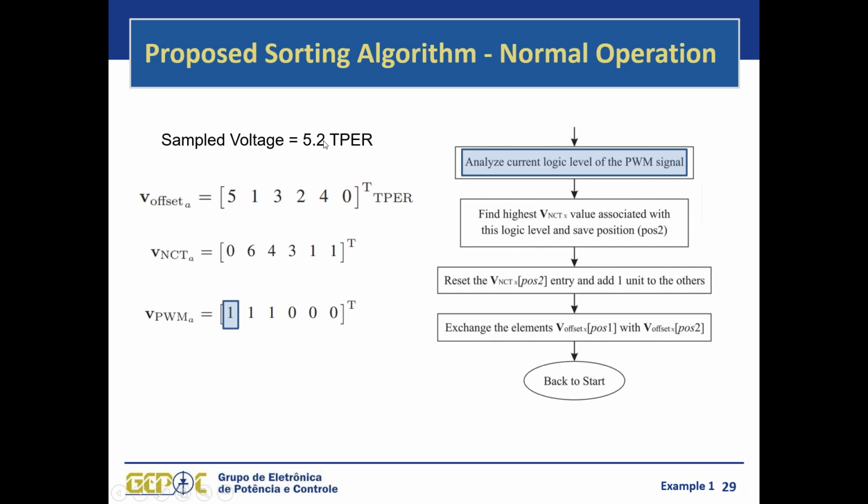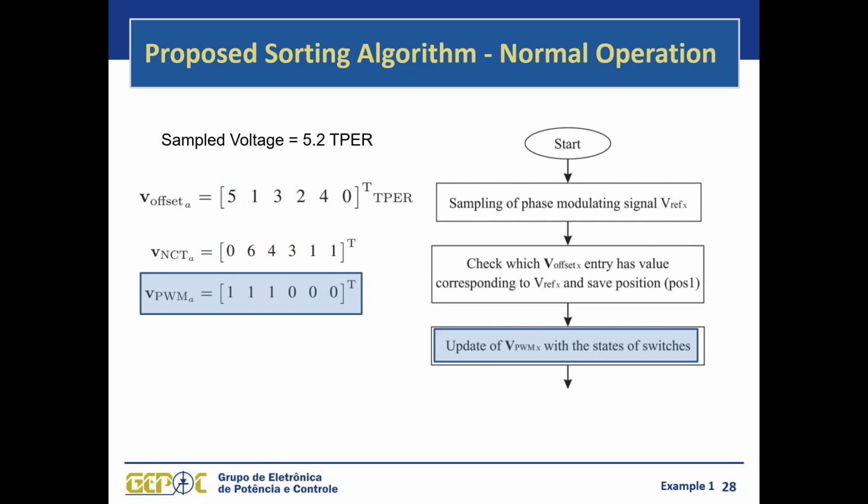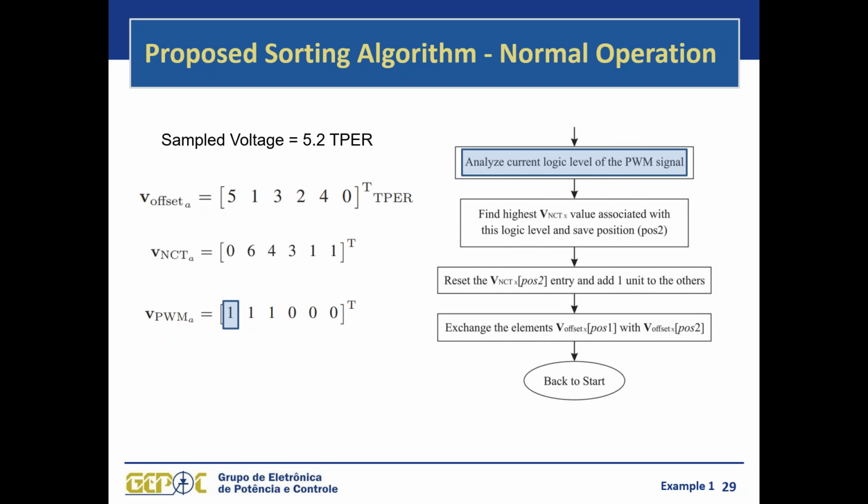So we have 5.2 T peak for the modulating voltage, and the entry that has this offset value associated with the modulating voltage is the switch S1. After we do that, we update the vector VPWM with the states of the switches at that given moment. So let us consider that the states of the switches at this interruption are these. The active high switch is conducting, and the active low switches are not conducting.